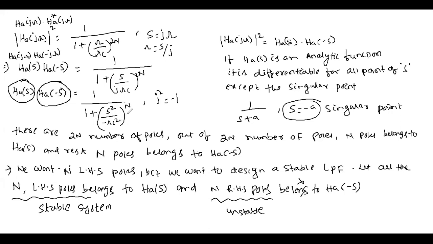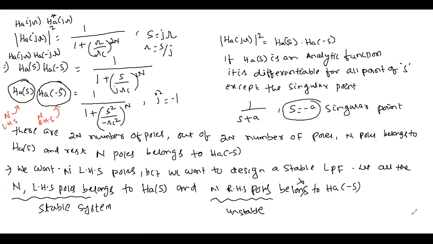Obviously, there are 2n number of poles. This n number of poles belong to H of s, that's n number of left hand side poles, and n number of right hand side poles belong to H of minus s. Okay, clear?